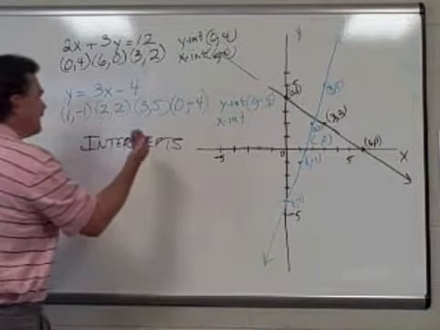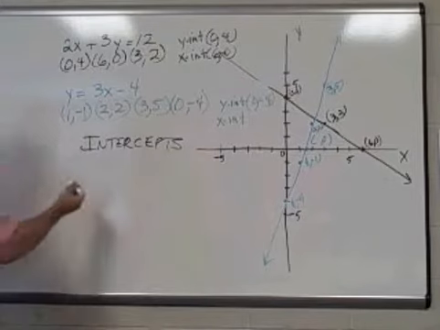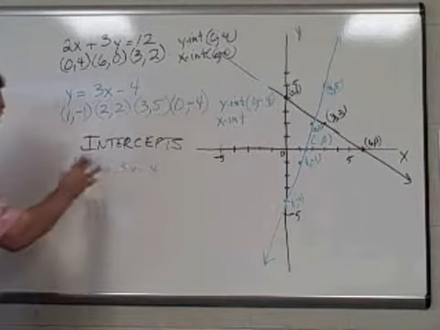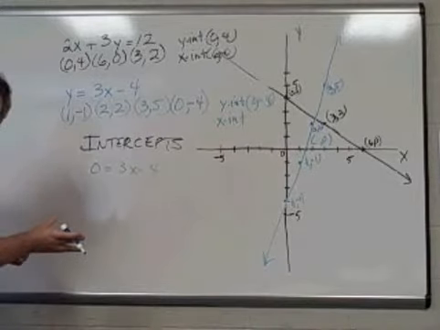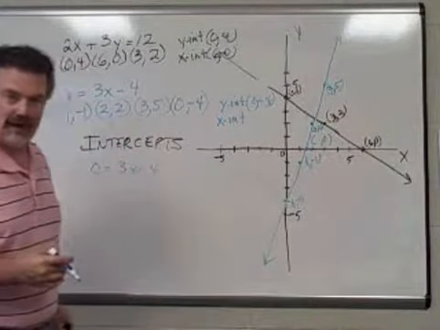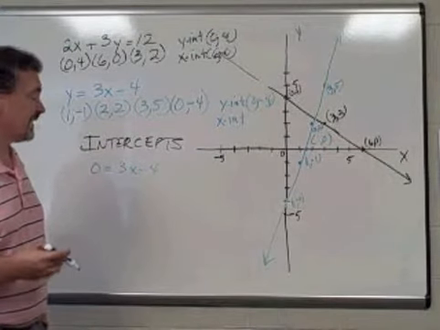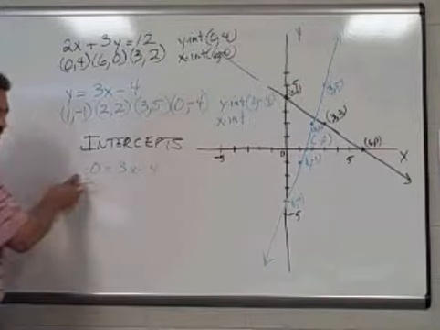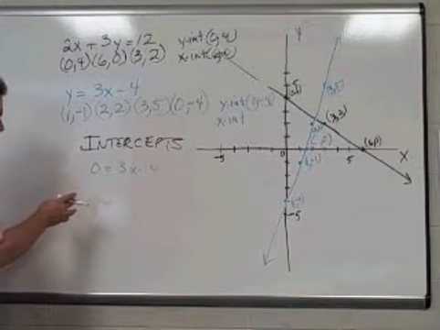So couldn't we let y be 0 and solve that resulting equation for x to figure out what the x value of the x-intercept would be? Well, that's just a nice linear equation in one variable, isn't it?